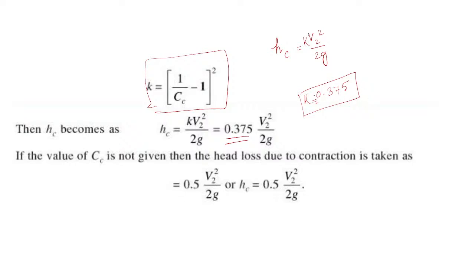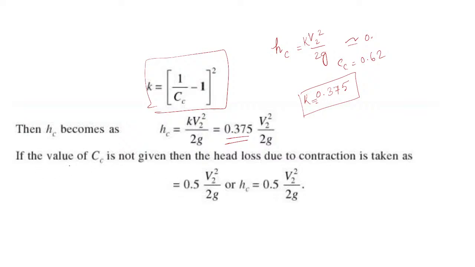You can keep this as a standard pattern. Actually Cc is taken as 0.62 or so, and when you substitute 0.62 in this formula, you get 0.375. Either of the two you can remember.